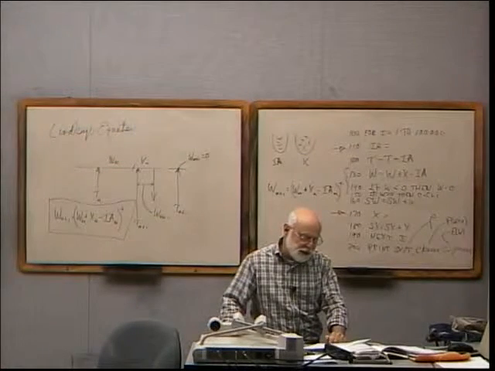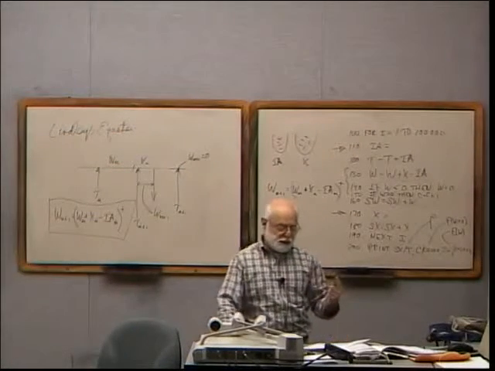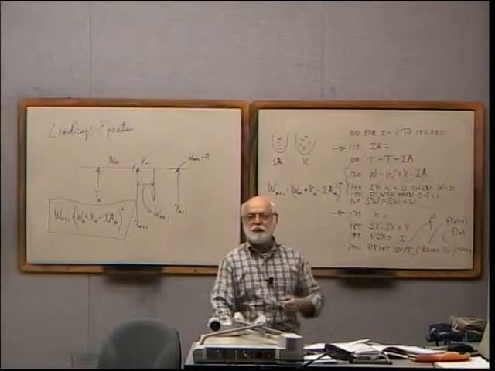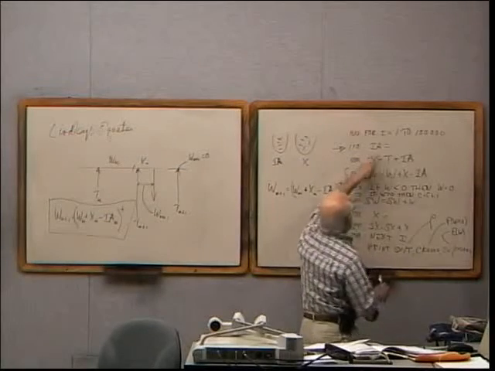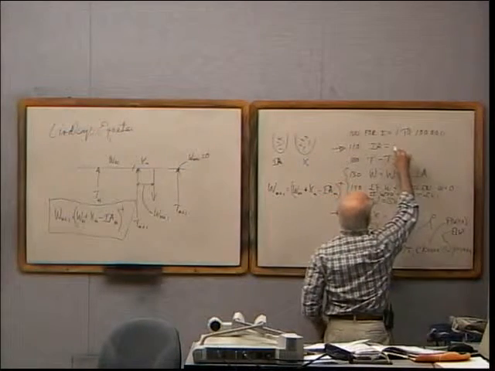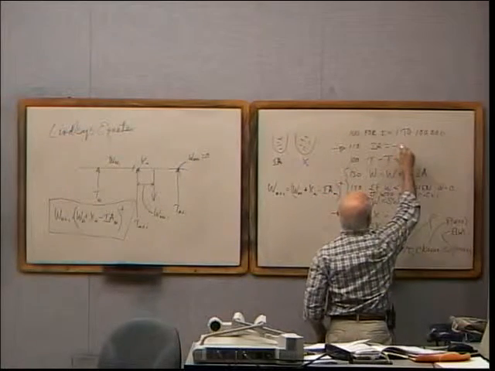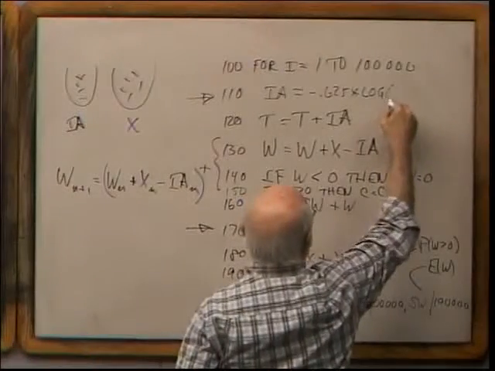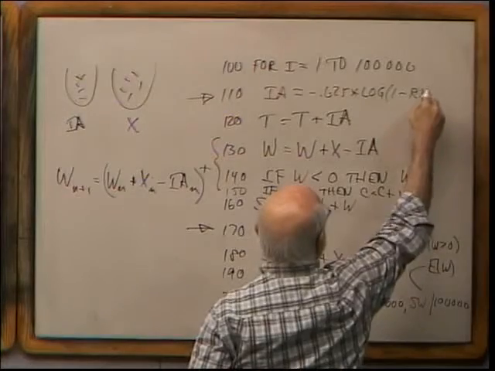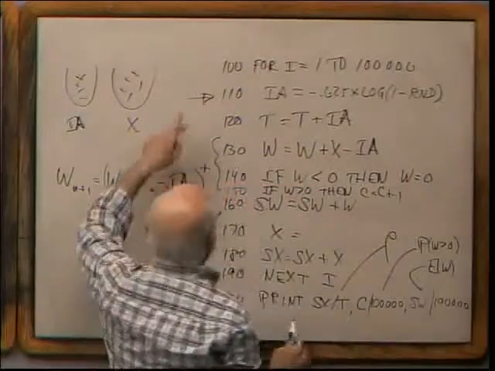So the reciprocal is 1.6, which corresponds to a rate of 1.6. So IA would be equal to minus 0.625 times the log of 1 minus a random number. And this instruction would be the same for every case.